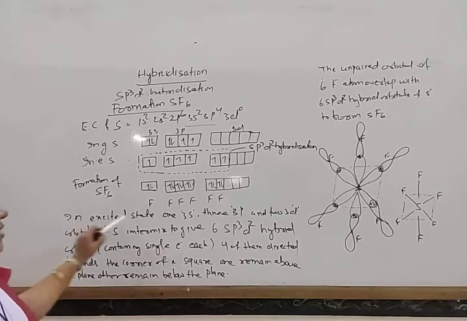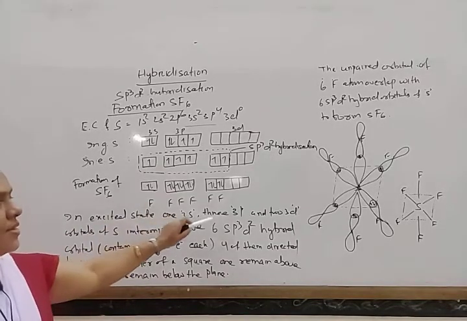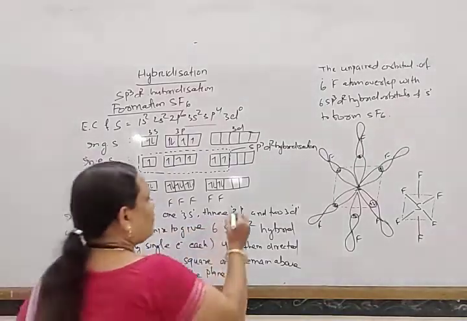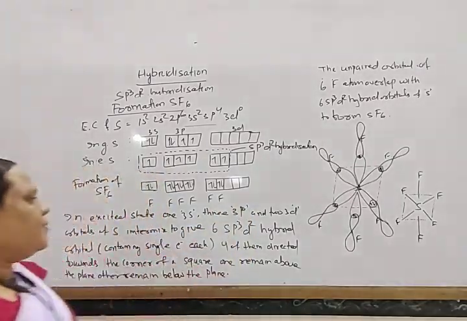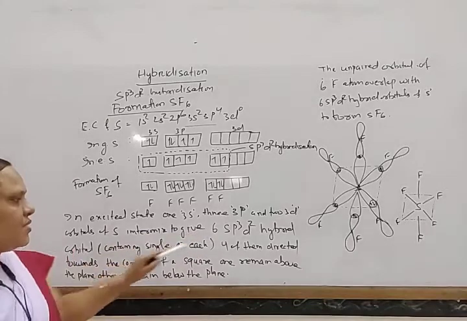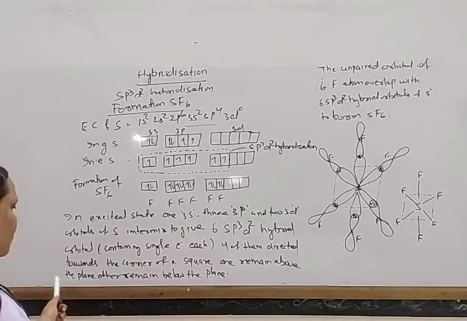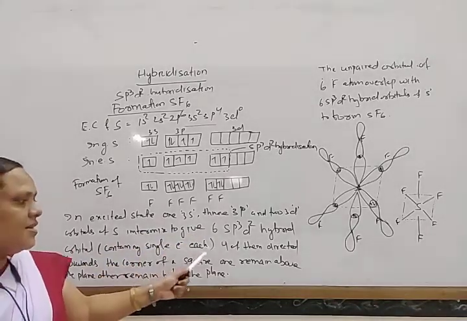So look here, in the excited state one 3s, three 3p and two 3d orbitals intermix to give 6 sp3d2 hybrid orbitals containing a single electron each.